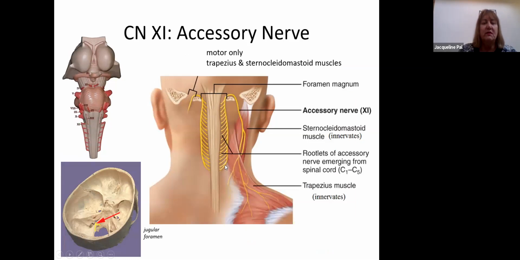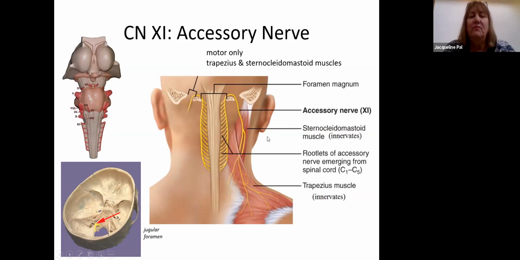And what you'll notice is this accessory nerve used to be called the spinal accessory because a lot of it comes from the upper C spine. And then it goes into the cranial cavity through the foramen magnum before it then exits again.